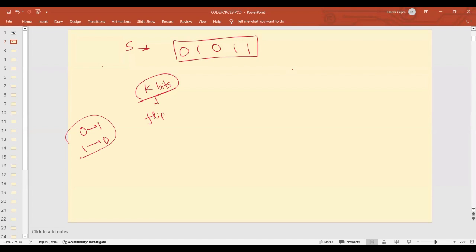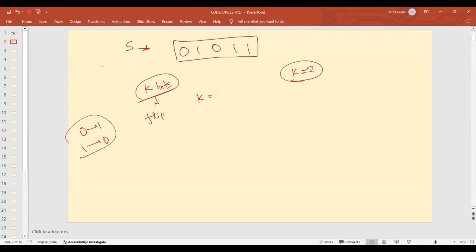For example, if I choose k equals 2, can anyone tell me what my optimal operation will be so that I am able to make all the characters of the string equal? Will I try to convert a 1 to 0? No, right? I will just convert these zeros to 1.